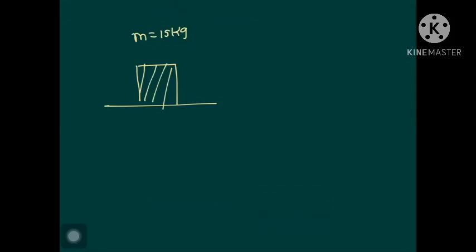Again, as we mentioned, with the help of a rope, some person applied some tension force at this angle. What is the angle of the applied tension with the horizontal? Theta. So it has two components that we know, correct? One is the sine component, another is the cos component. So we can draw it in this way.